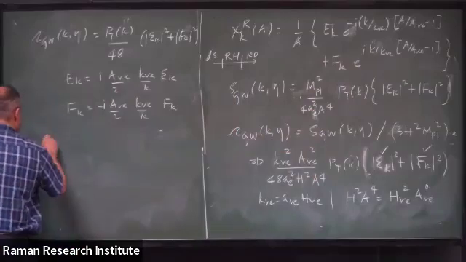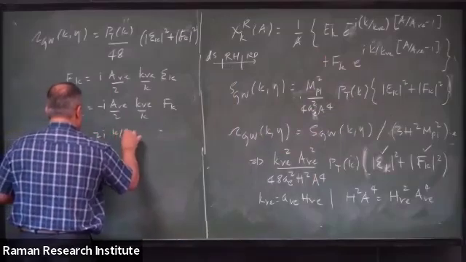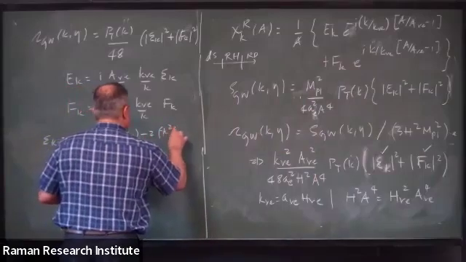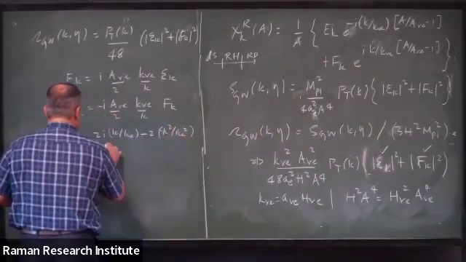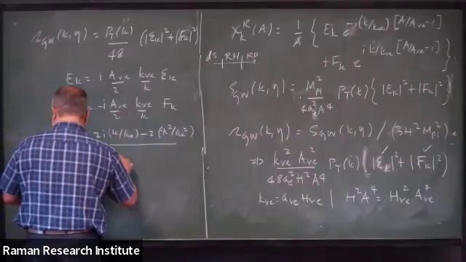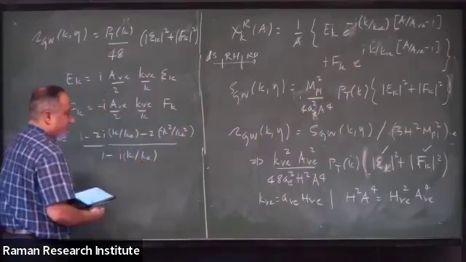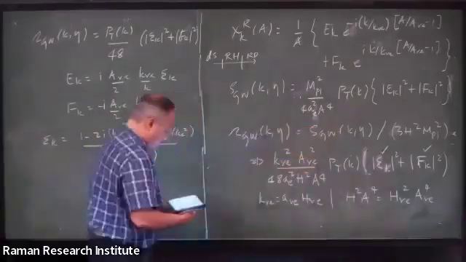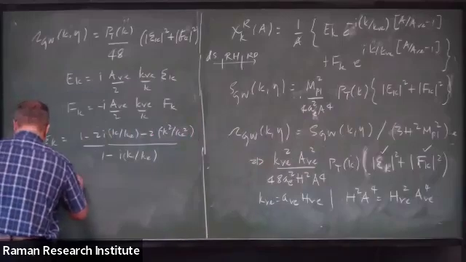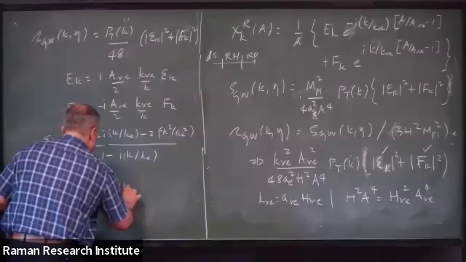They happen to be the following: script E_k is 1 minus 2i k by k_E minus 2 k squared by k_E squared, divided by 1 minus i k by k_E. This is an exact match. I haven't taken the derivative to be 0. And then what you obtain, F_k, is 1 over 1 minus i into k by k_E.